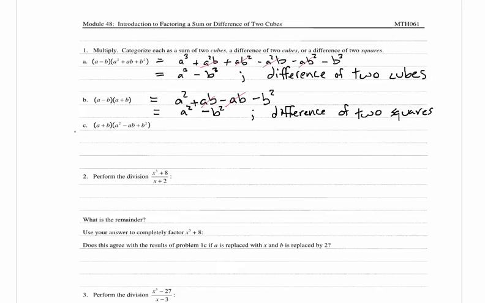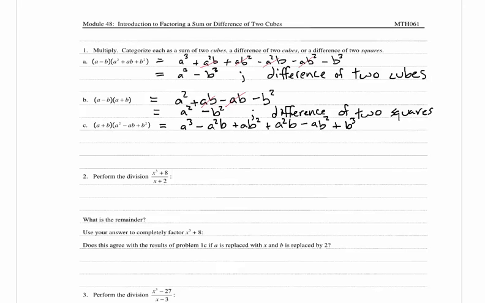And in C, we have a plus b times a squared minus ab plus b squared. And when we multiply this out, we get a cubed minus a squared b plus ab squared plus a squared b minus ab squared plus b cubed.